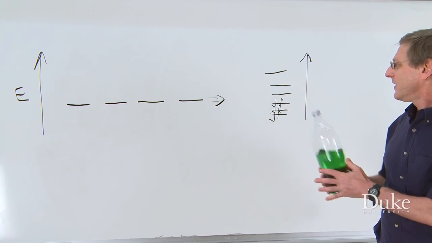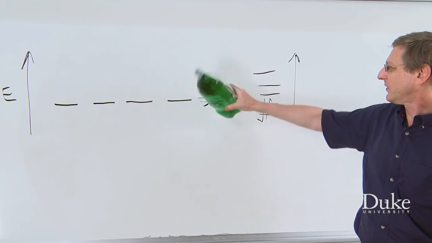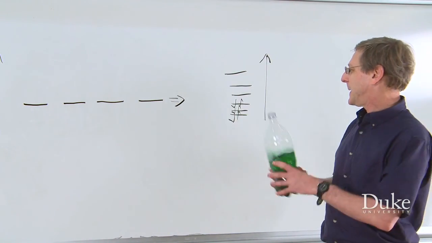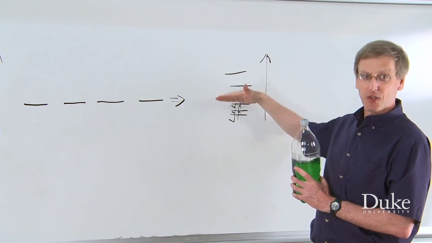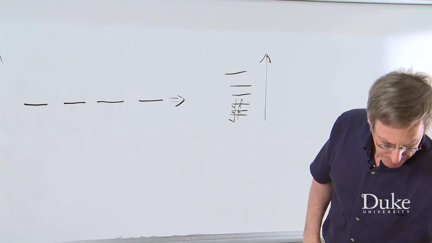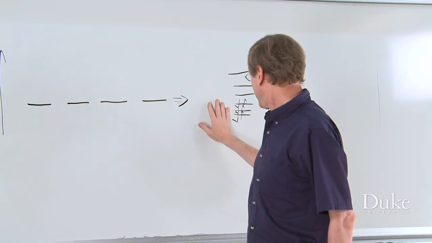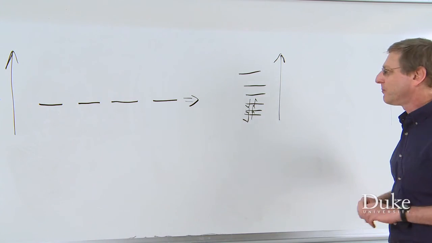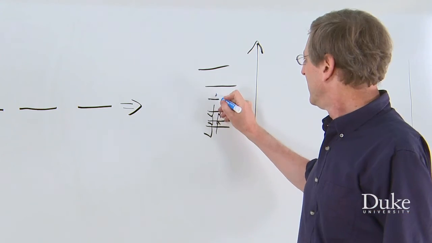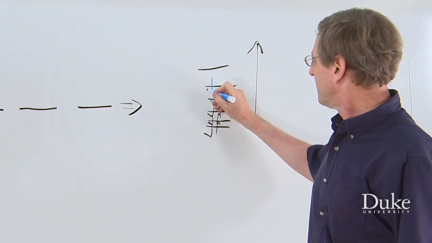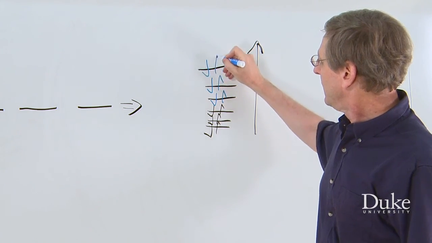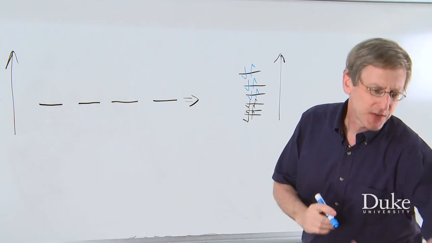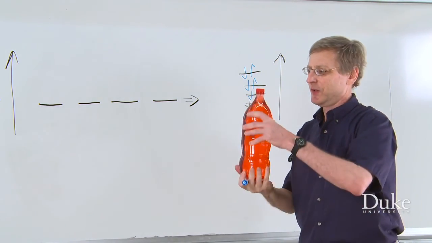Electrons in a scenario like this can move very easily when I tilt the bottle or when I push on those electrons. On the other hand, imagine that I fill up this set of molecular orbitals completely with electrons like this. Now I'm in a scenario like I showed you with the bottle that's filled with water.